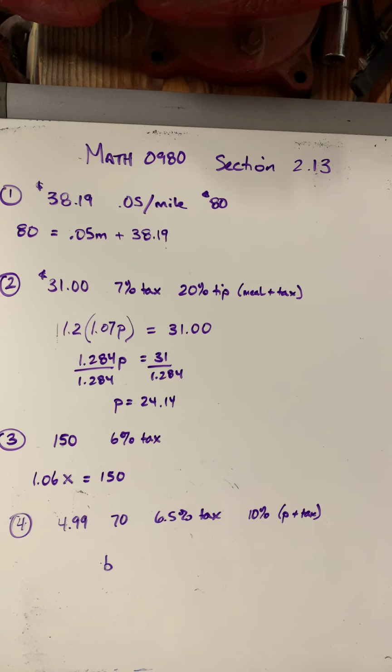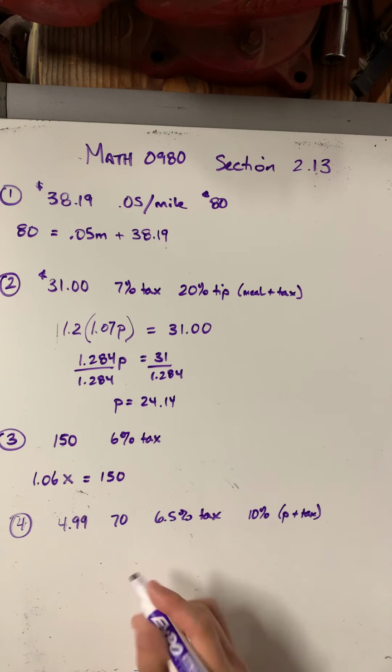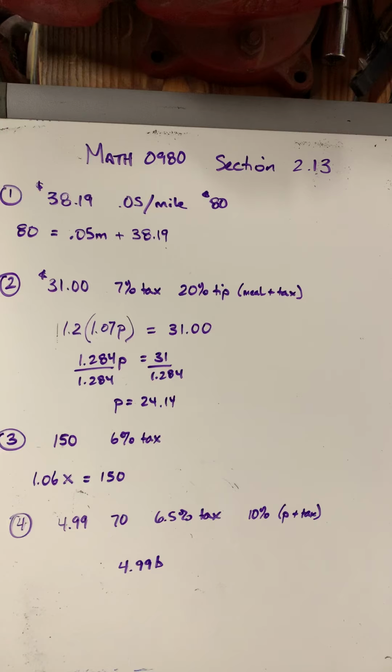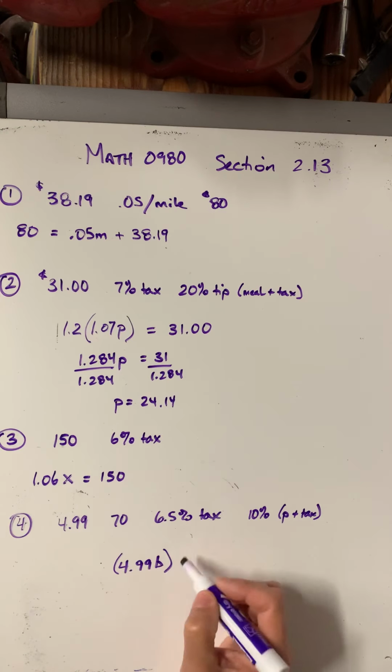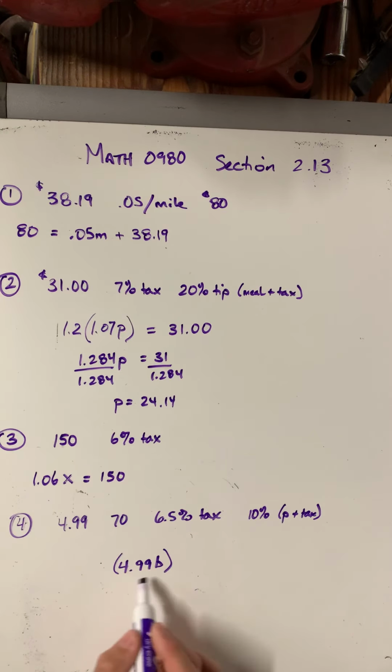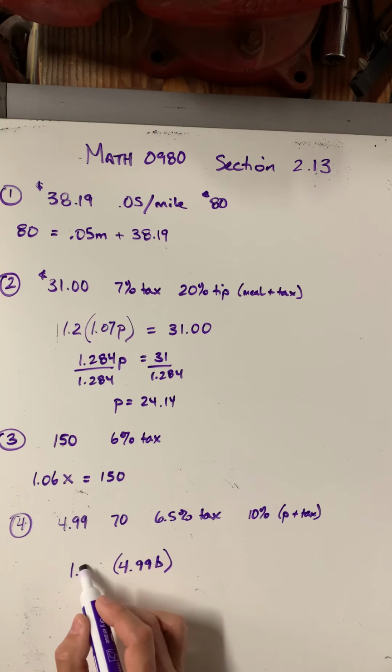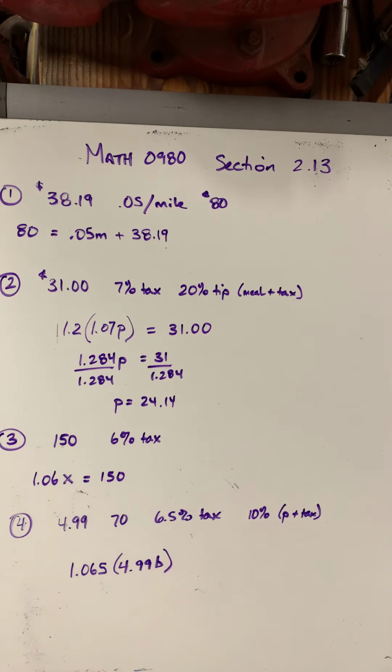Okay, so let's get this set up. So my books are $4.99, so every book I buy is $4.99. On top of that, I'm going to pay the price of the books, which is my 1, and then my multiplier is 0.065. That covers my tax.